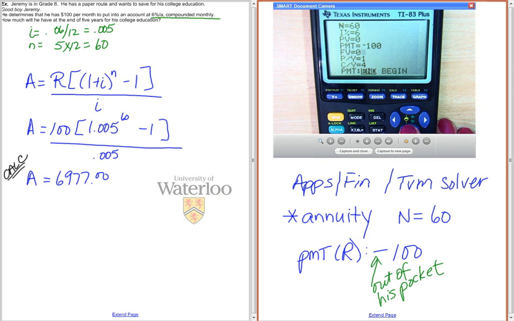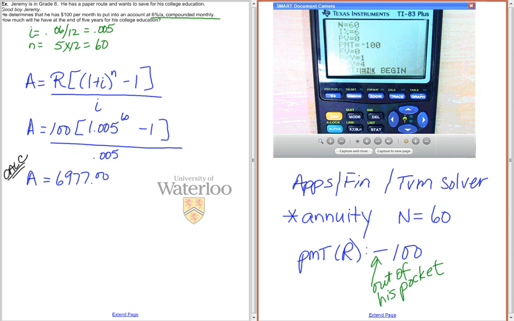Payments per year. How often does he put money into that account? He does it monthly. And it is compounded monthly. At this point in your life, those two things need to match. We want to know the amount of this loan after he's been at it a while.